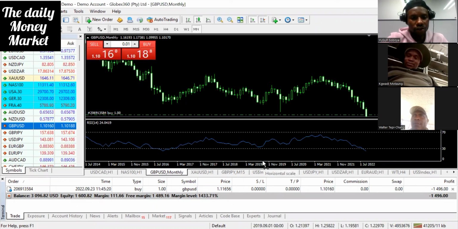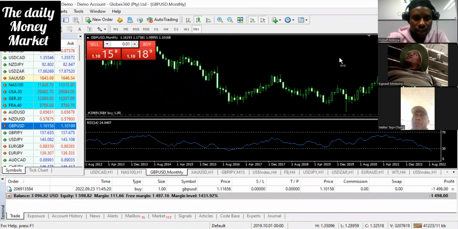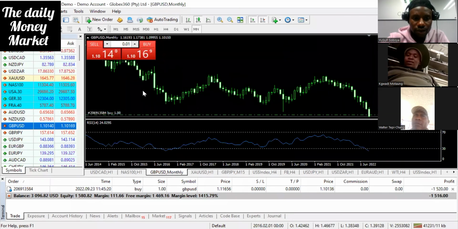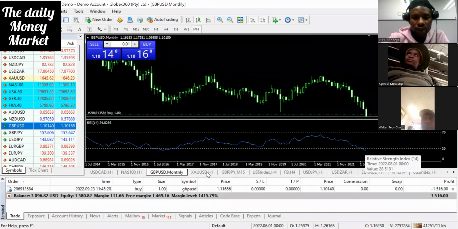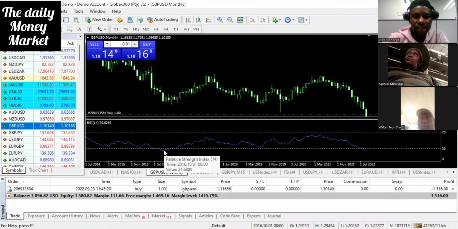The British pound against the dollar hasn't been doing really good in past years. You can see it was recently oversold, like July 2016. That's because the economy on that side was really bad.